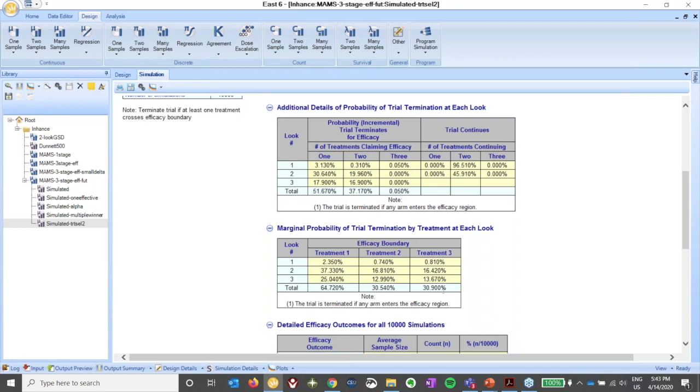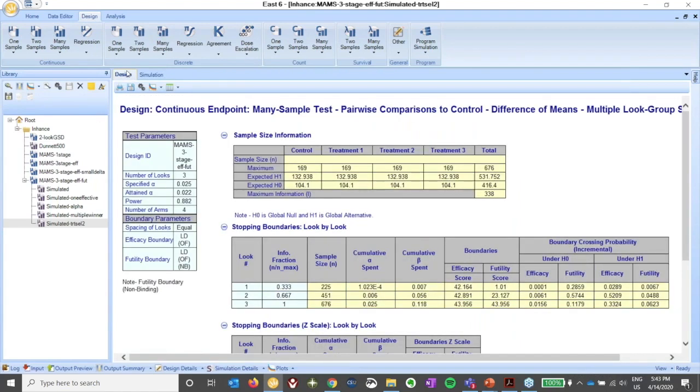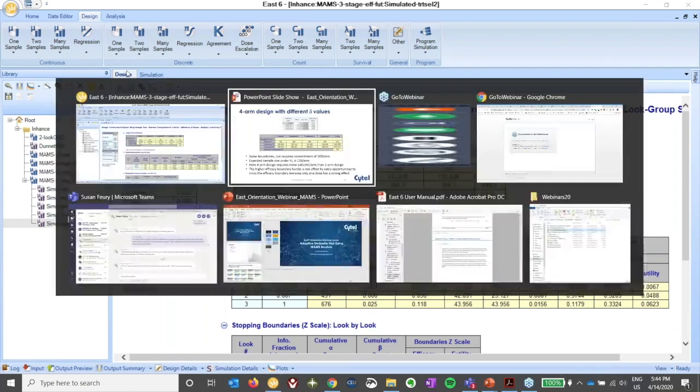So through the power of simulation, you always have, of course, the analytical calculations on the design, but through the power of simulation, you can actually perform direct comparisons with other known designs and also explore variations of the original MAMS design by looking at multiple winner rules, or looking at rules where you don't drop an arm when one arm crosses the futility boundary, but you only drop if several arms cross the futility boundary at the same time.